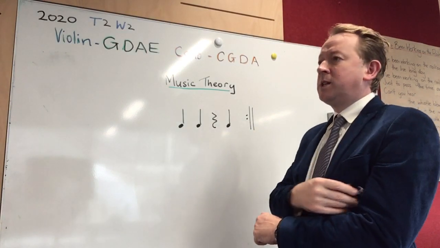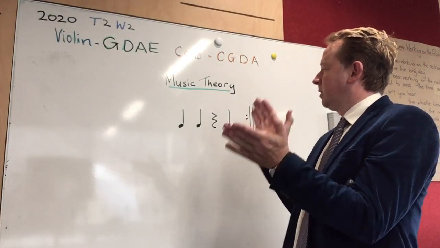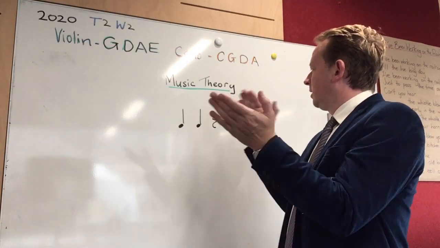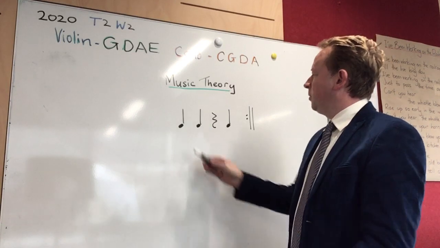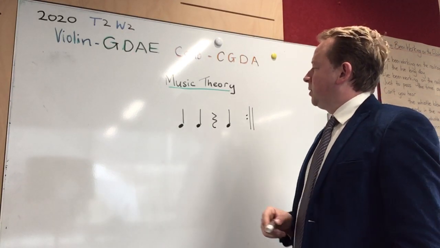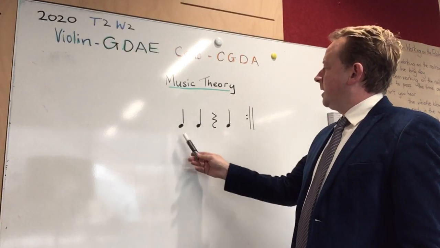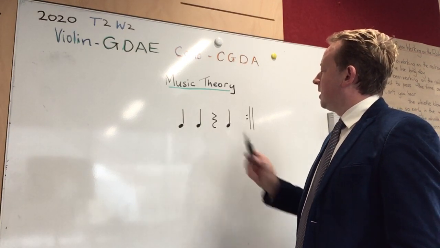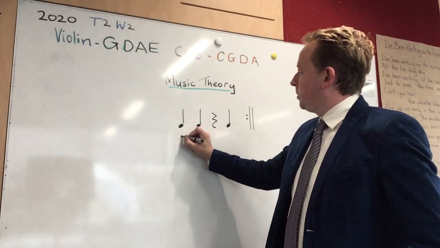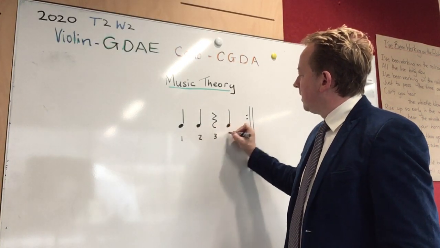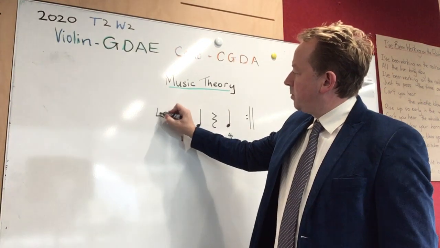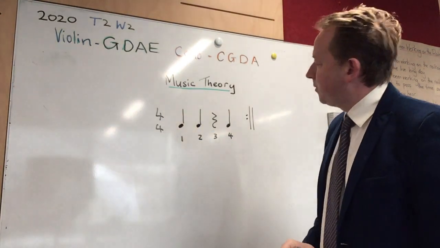Let's do it twice. 1, 2, 3, 4. You can hear that I went straight back to the beginning. Ta, ta, rest, ta, ta, ta, rest, ta. And if I put my beats underneath, 4 beats in the bar, I can put my time signature 4, 4.